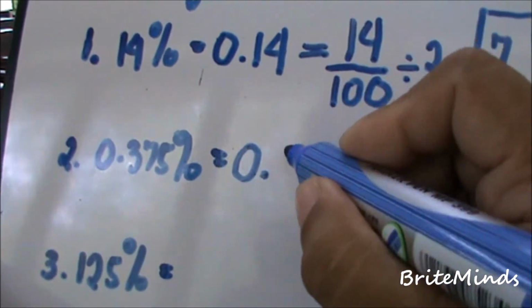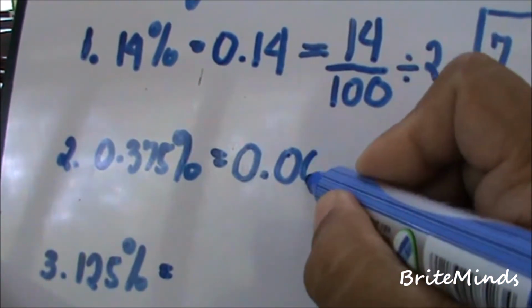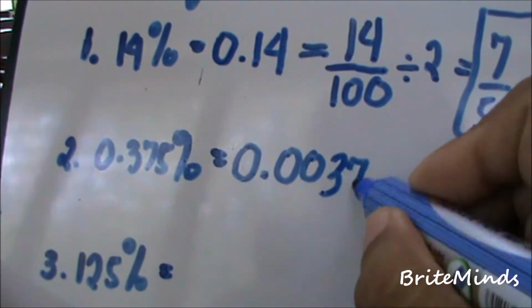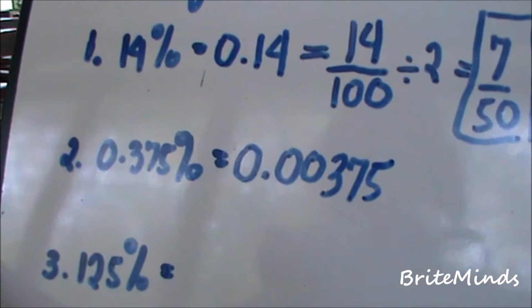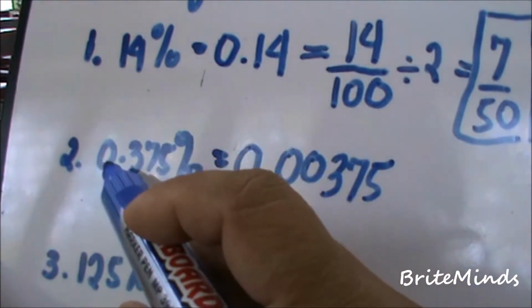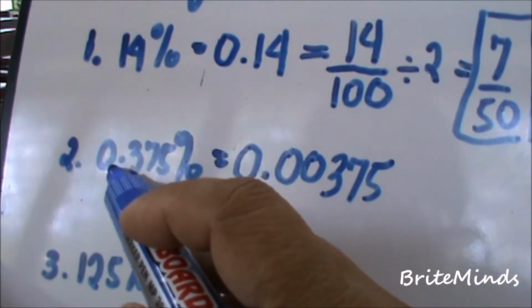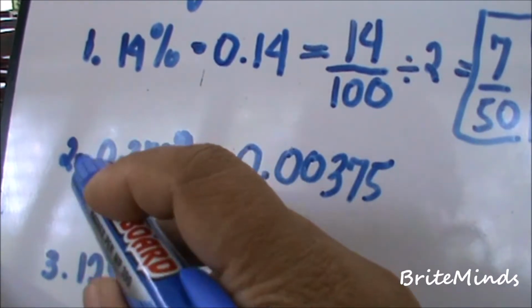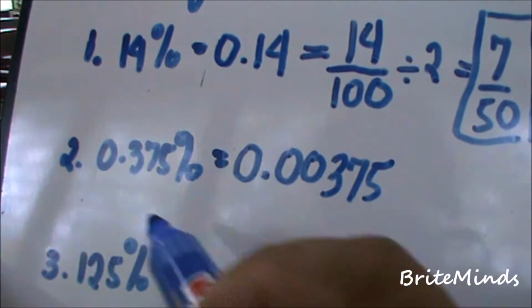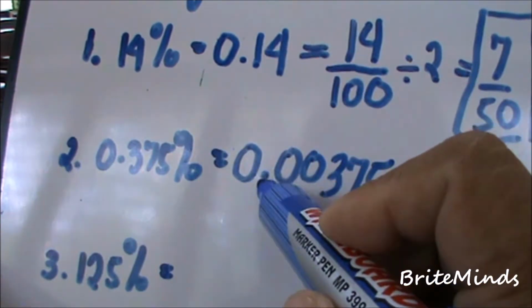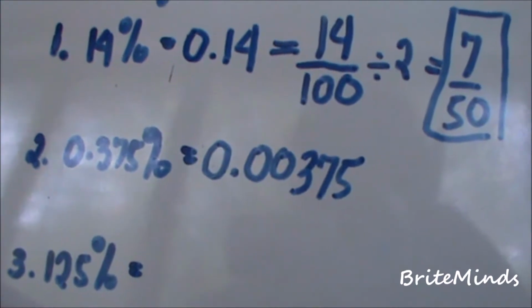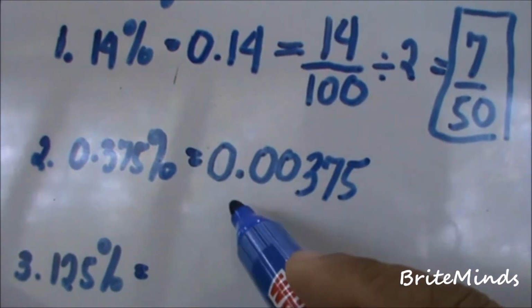0.00375. When you move the decimal point here, 1, then you need to add an additional 0. Affix the point, then drop the percent sign. So this is how it looks in decimal.